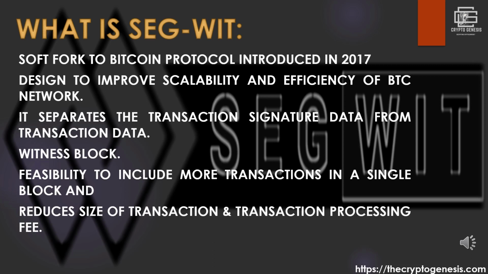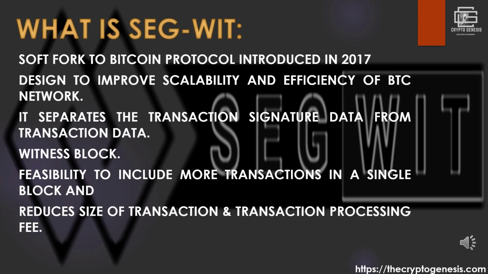Further, it was designed to improve the scalability and efficiency of the Bitcoin network by separating the transaction signature data from the transaction data. Before segregated witness, the transaction signature data was included in the same block as the transaction data, which made it more difficult to process transactions quickly and efficiently as block size was 2 MB.